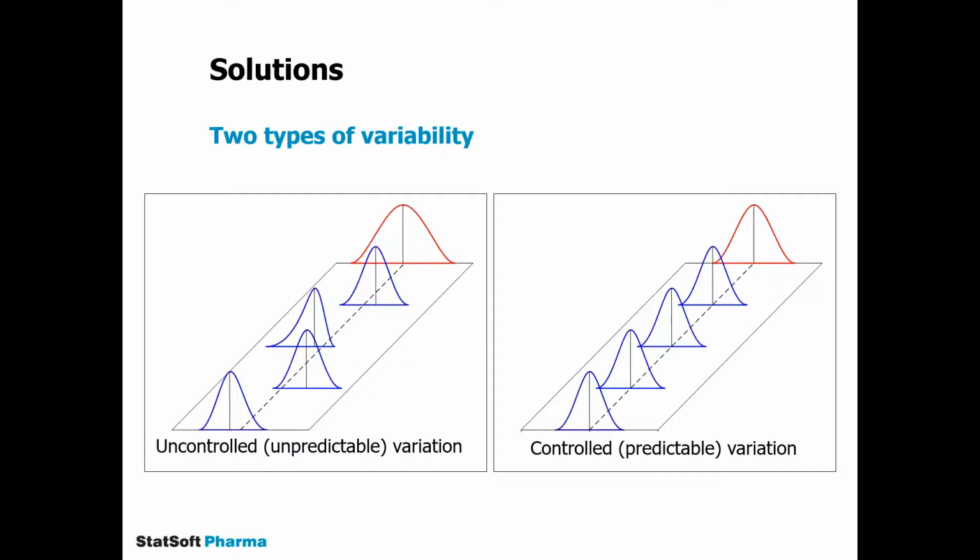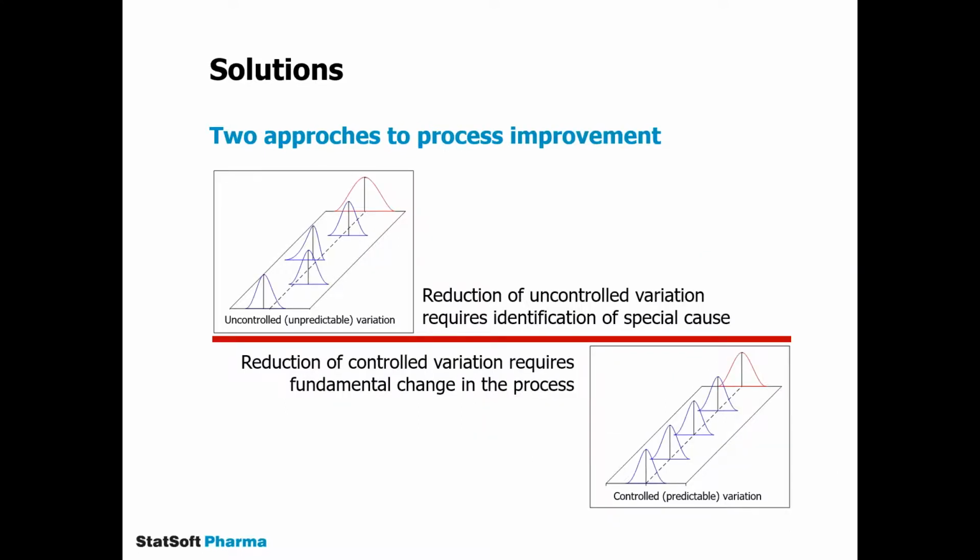But why should you care what type of variation is present? The answer is that the type of action you take to improve the process depends on the type of variation present.